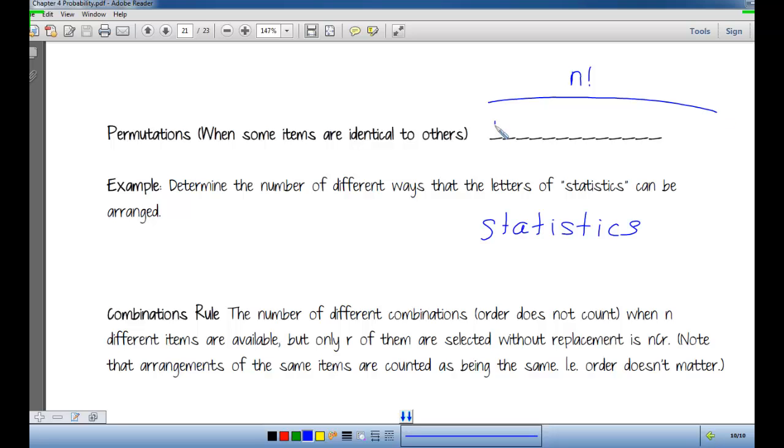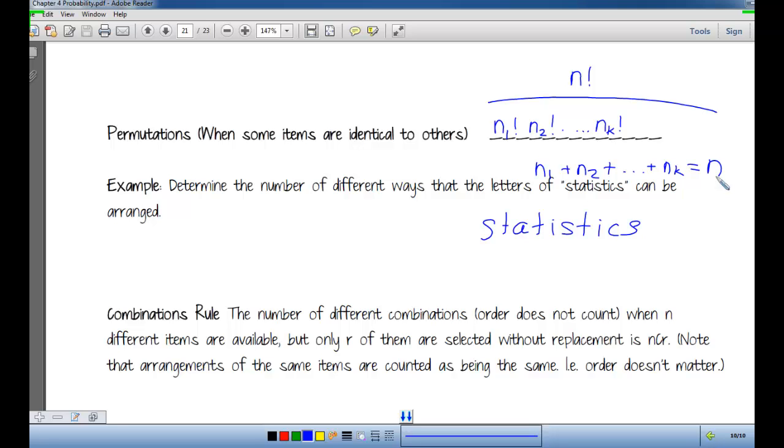So I'm going to say n1 factorial times n2 factorial times ... nk factorial, where I have k different types of items, and then n1 plus n2 plus ... nk should equal n. They add up to the total.